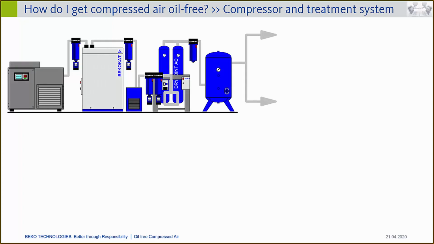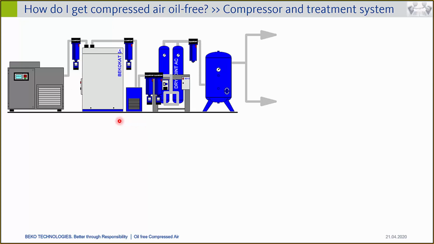So let's start with this example here. We start again with the compressor with the BEKOSPLIT, and here, for example, there's also the cooler integrated between BEKOSPLIT and desiccant dryer. This is related to the higher outlet temperature. So you always should consider the conditions on site.